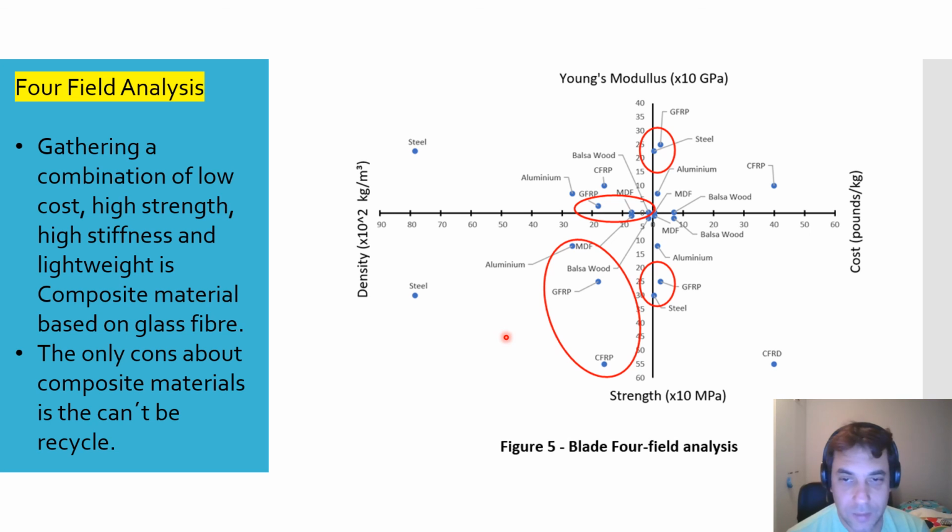The blade has a complex shape, due to the aerodynamic shapes. So I would say also that composite material fulfills the requirements for that, because it's really easy to deal with, and could also fulfill that requirement for manufacturability.